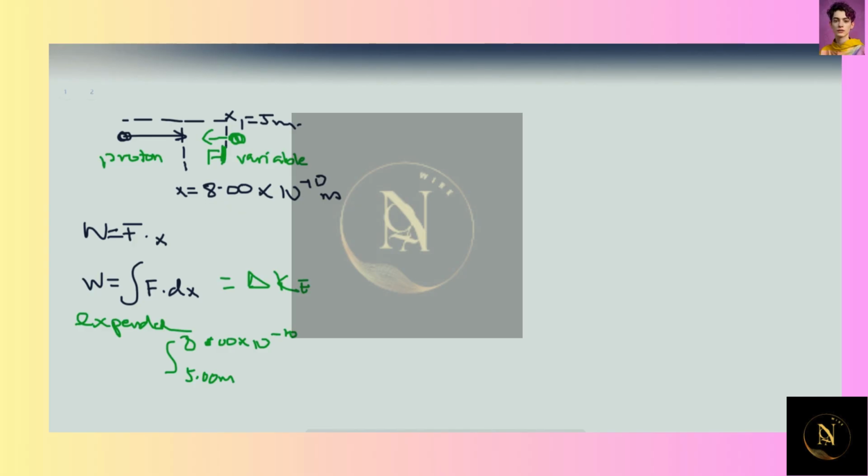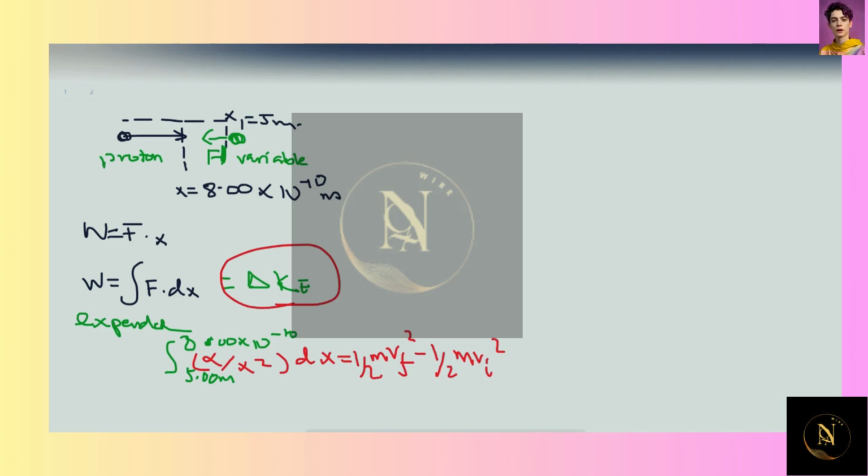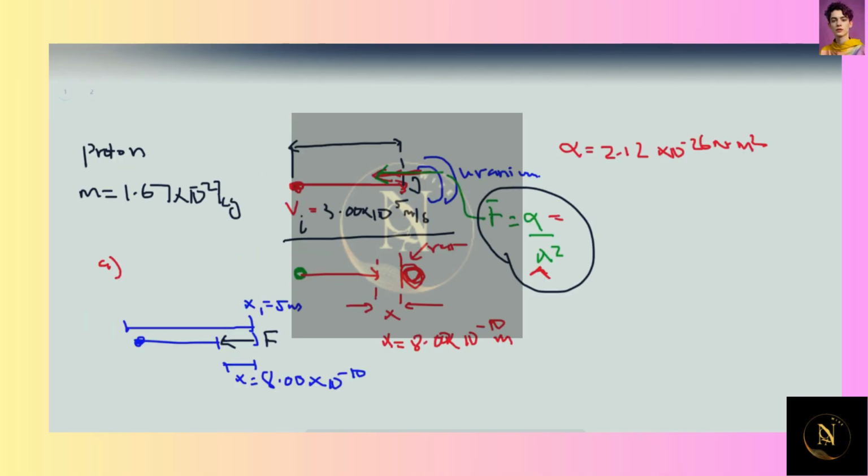Don't forget the force itself, which is alpha over x squared, and then dx. That equals 1/2 m v final squared minus 1/2 m v initial squared, which represents the change in kinetic energy. We are interested in finding the final velocity. We know the initial velocity is 3.00 times 10 to the 5.